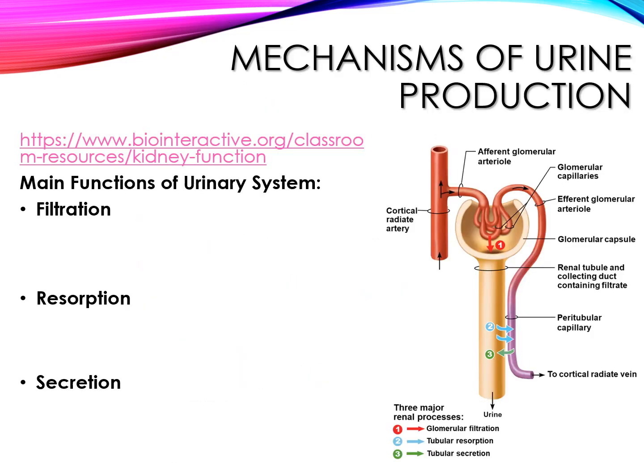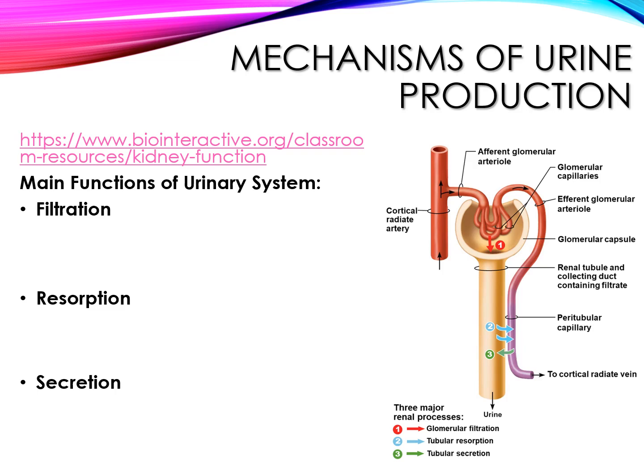So now we're going to talk about how we actually produce urine. We bring in all that blood into the kidney from that renal artery, and we're going to filter that blood in the glomerulus. Okay, and all of that filtrate that comes out will eventually turn into urine.